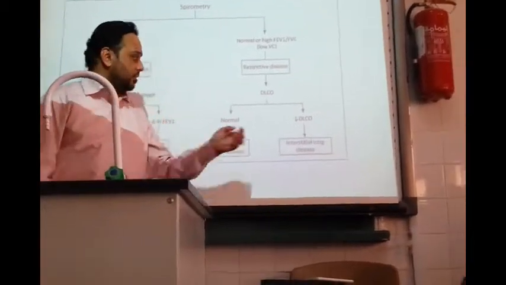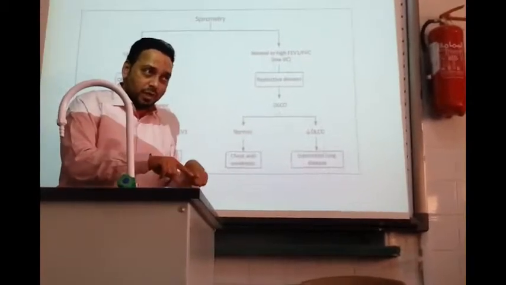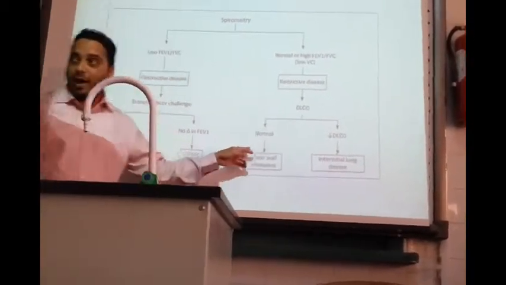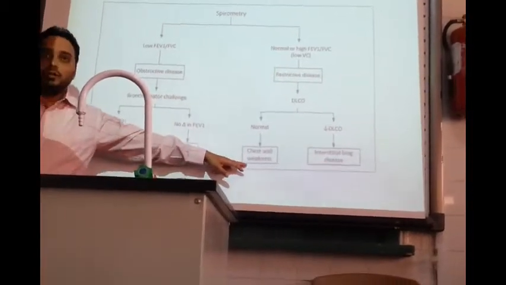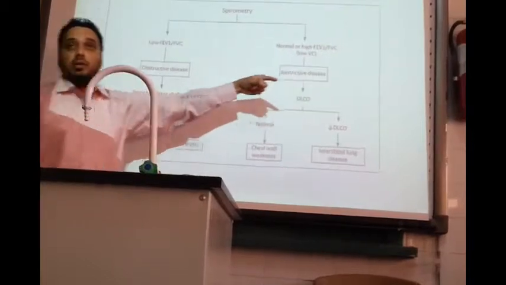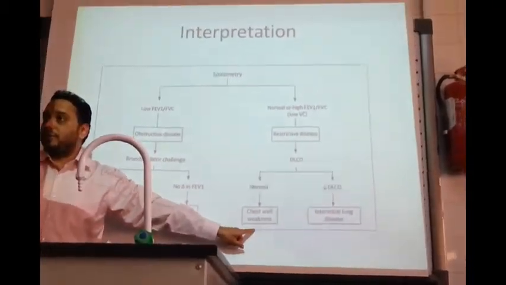There is no problem with the interstitium of the lung, because the diffusing capacity is normal. If you find the diffusing capacity to be normal, the normal or high FEV1 ratio on spirometry is because of chest wall weakness.